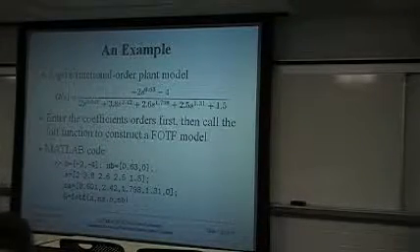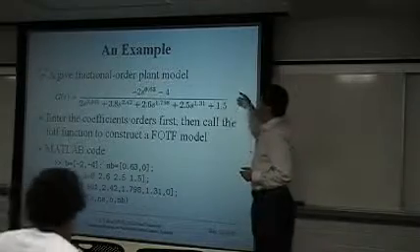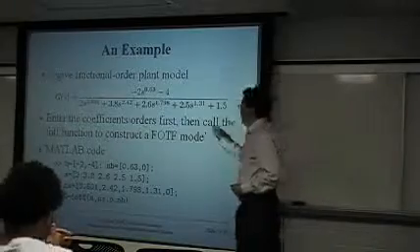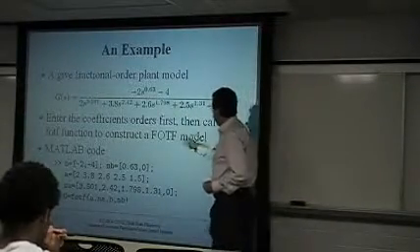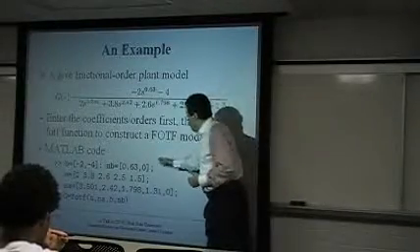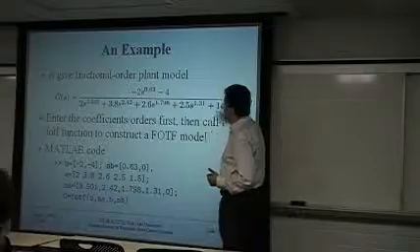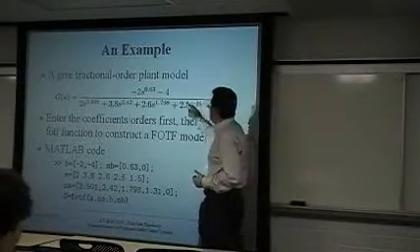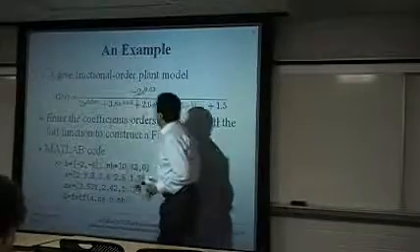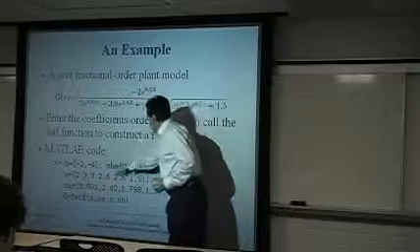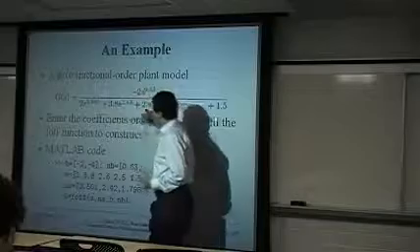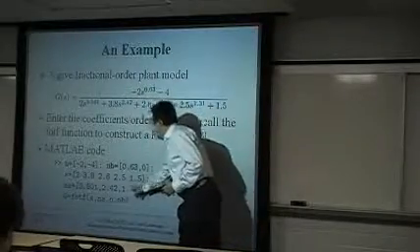And now there is a question: how can we represent such a system in Matlab? With the use of the FOTF object, we can describe the fractional order transfer function easily by describing the numerator coefficients in B, the orders of numerators in NB, the coefficients of denominators in A, and the orders in NA.